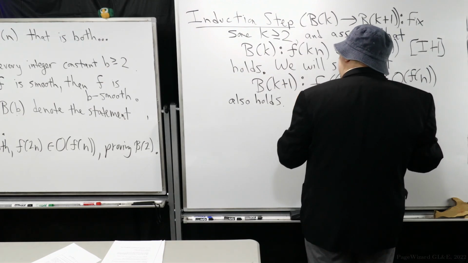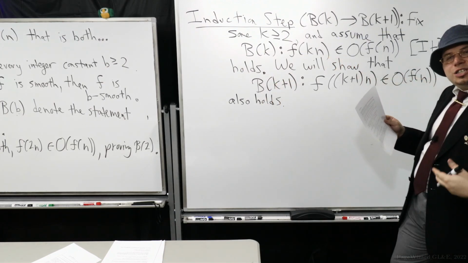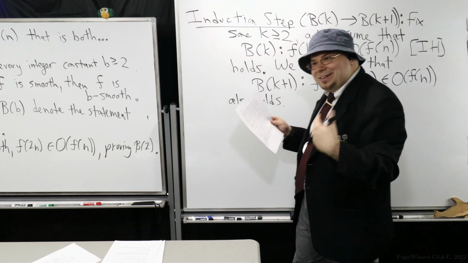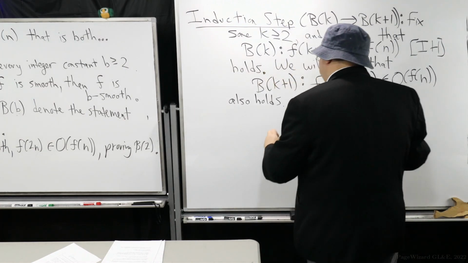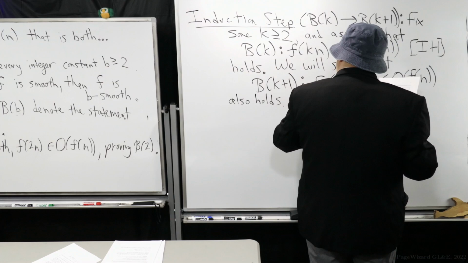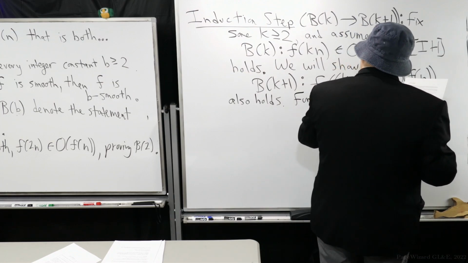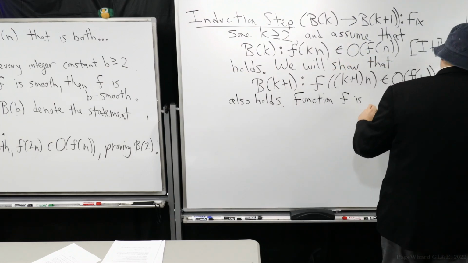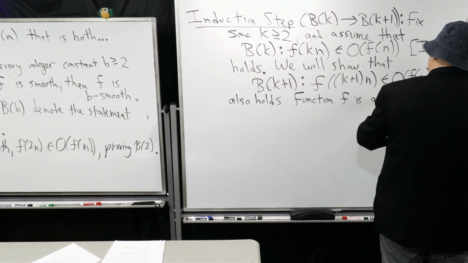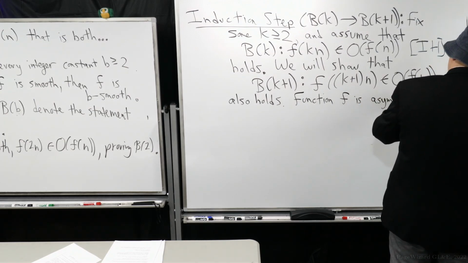So remember that because f is a smooth function, it has to be asymptotically non-decreasing. So I'm going to use that fact. So I'm going to say function f is asymptotically non-decreasing.